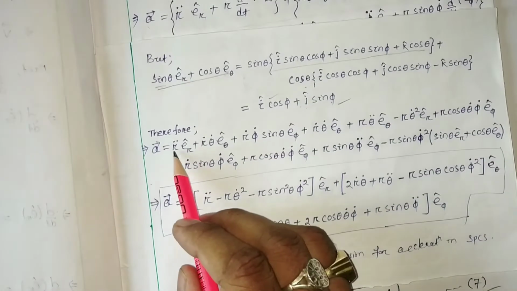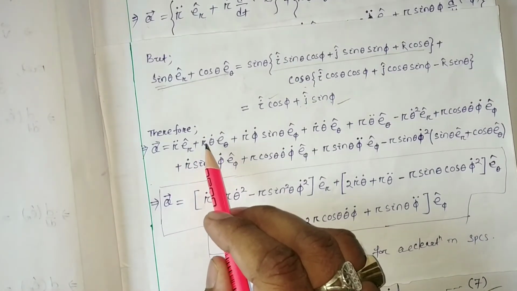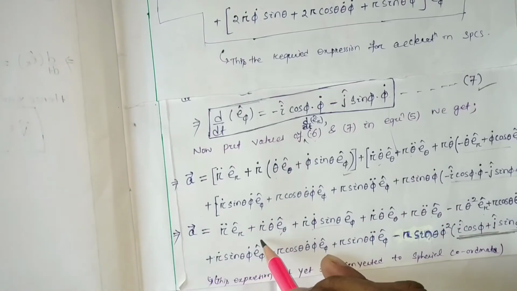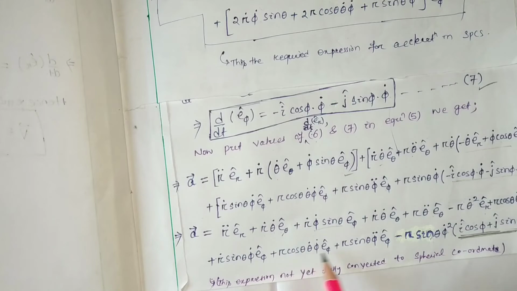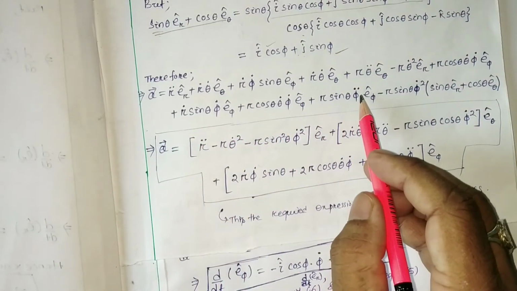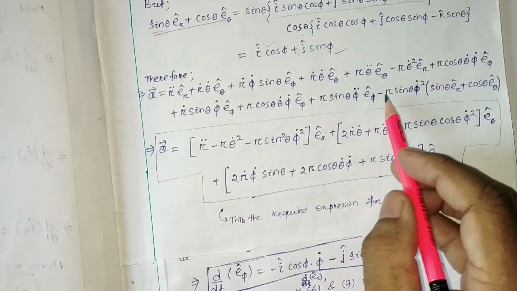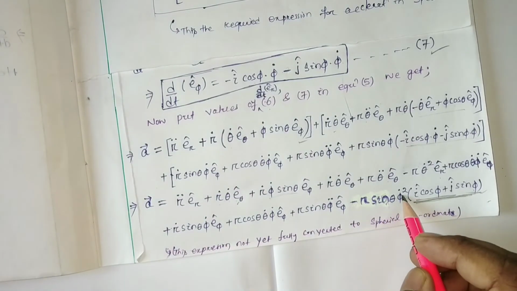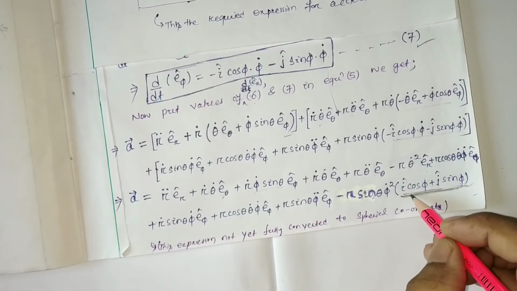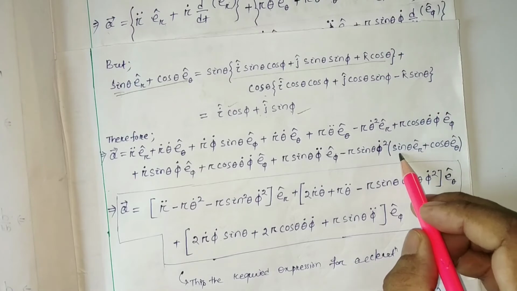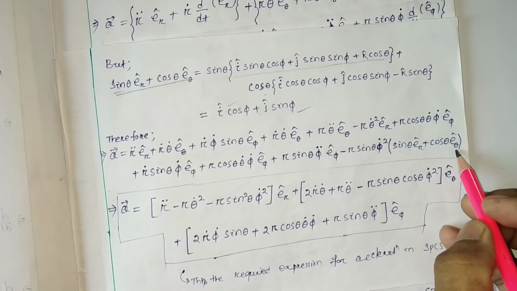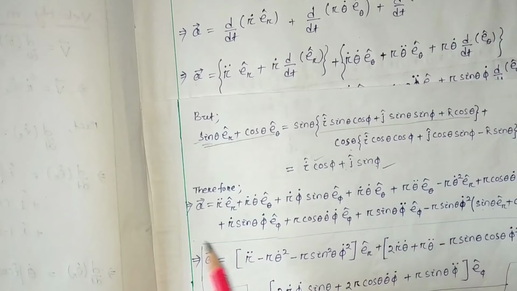Okay, so here r double dot e_r cap, r theta double dot e_theta cap. All the terms are the same, nothing changed. Minus r sin theta phi dot square, also written again. Here instead of i cos phi plus j sin phi, we write sin theta e_r cap plus cos theta e_theta cap, whatever we found, right?